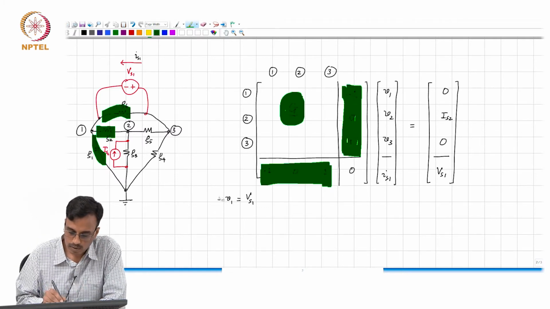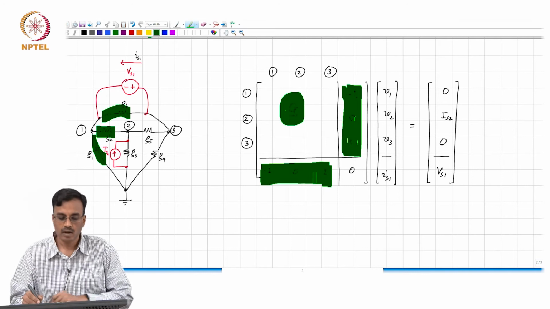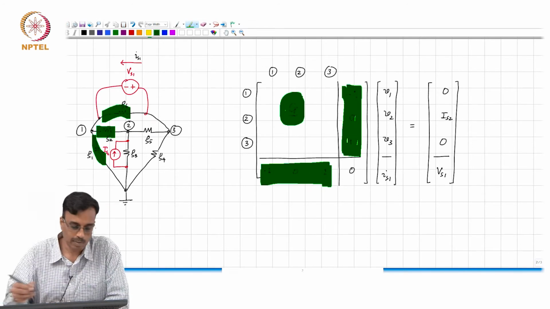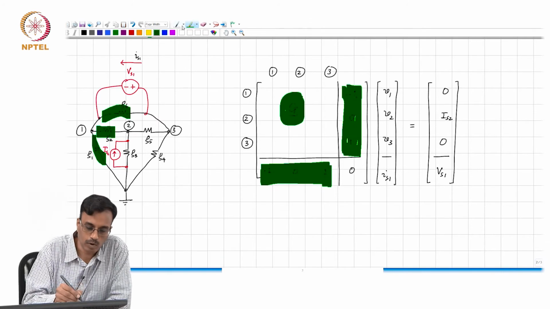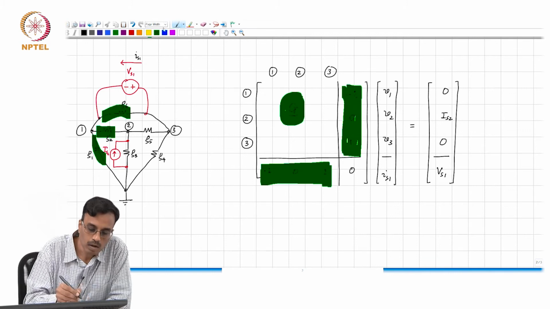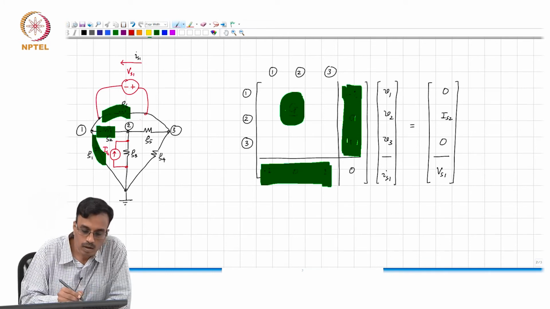Now, if you had another source, what do you think you will do? Let me just make life a little more complicated by adding, for instance, VS3.